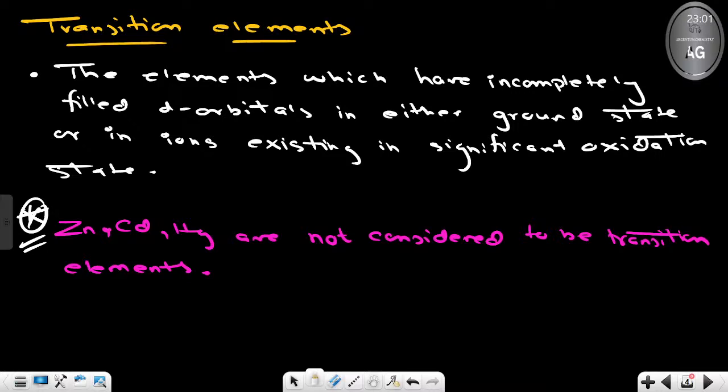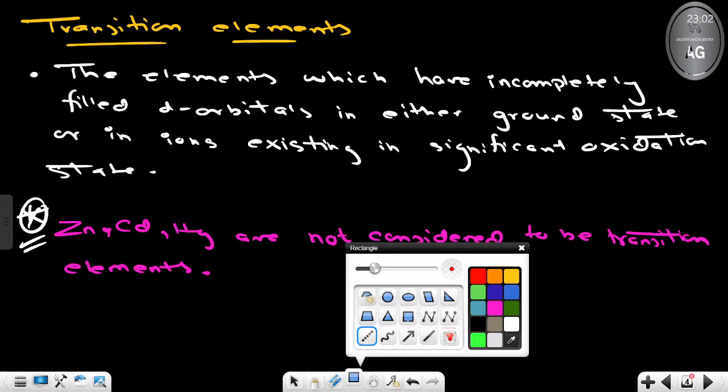Now, what is the criterion for an element to be called a transition element? You might ask why p block elements or s block elements are not transition elements. Transition elements are those elements which have incompletely filled d orbitals, either in the ground state or in the ionic state, but not any random ionic state, rather the most significant oxidation state.